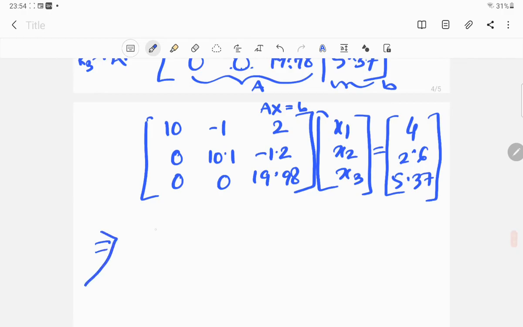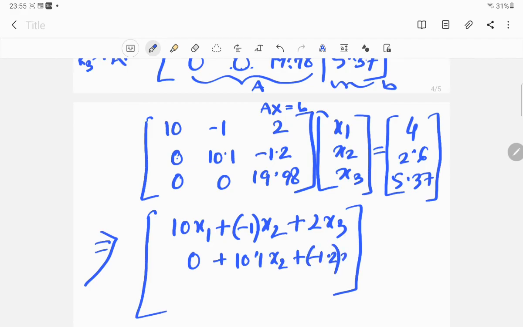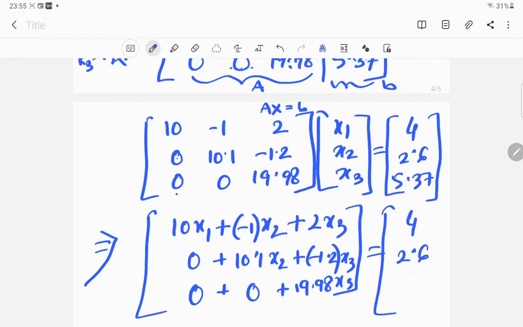Now can we do matrix multiplication? 10 into x1 plus minus 1 into x2 plus 2x3. Then 0 into x1 plus 10.1 x2 plus minus 1.2 x3, then 0 into x1 plus 0 into x2 plus 19.98 x3. That goes to 4, 2.6, 5.37.